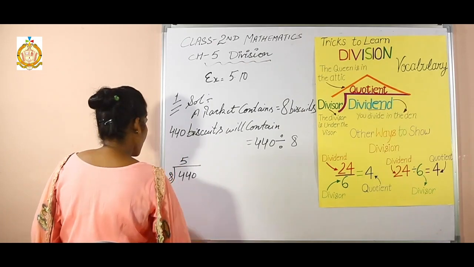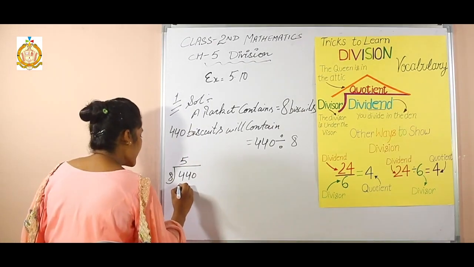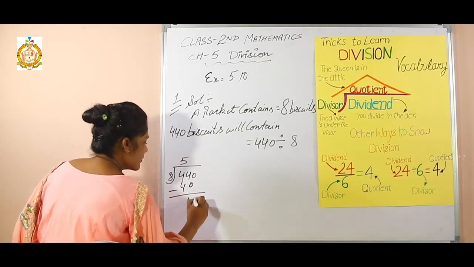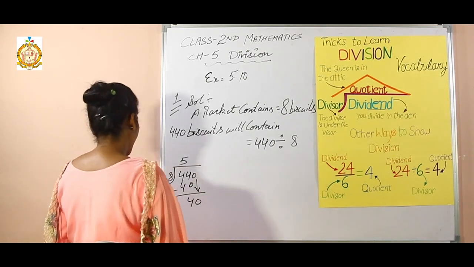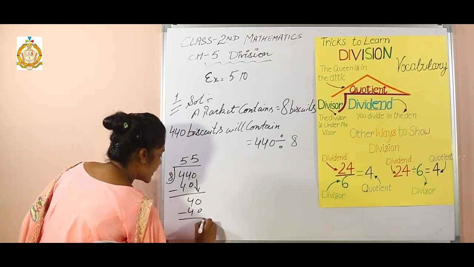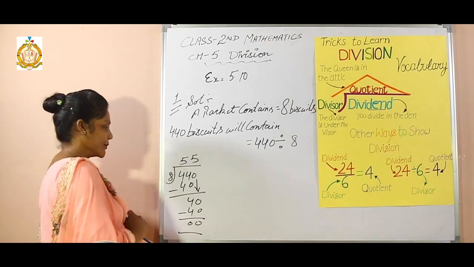In the table of 8, 8 5s are 40. So minus, what comes down? Here is your 0. Again you should write here 8 5s are 40. What is the remainder? Nothing else. Here is 0.